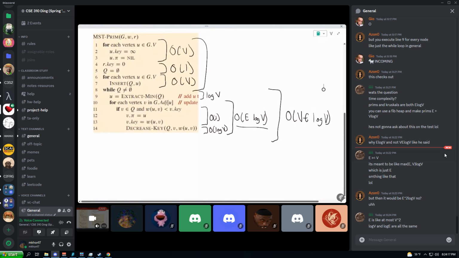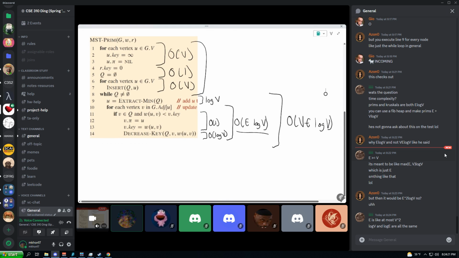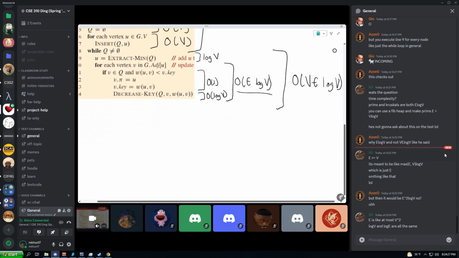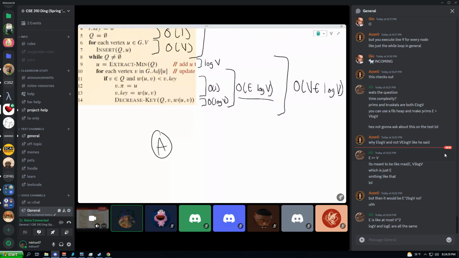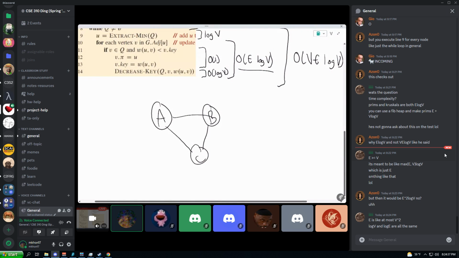So E seems to not be like the number of... it's so confusing, isn't it? Like E is at most V squared. Let me make a thing like this. Let me try and do that. Like that's 3. We have A, B, B, C. How is E at most V squared?